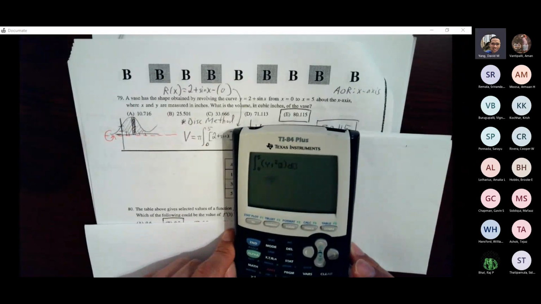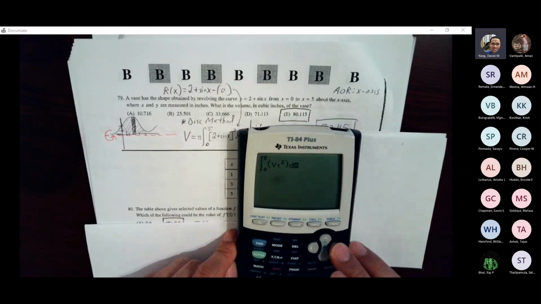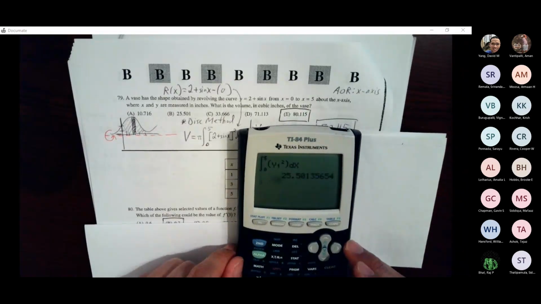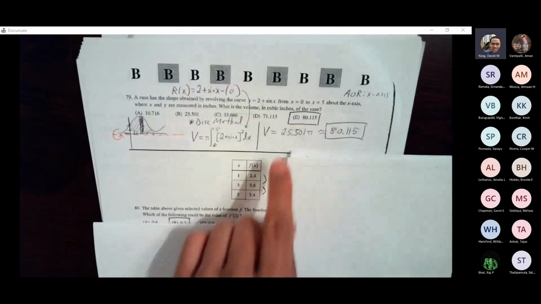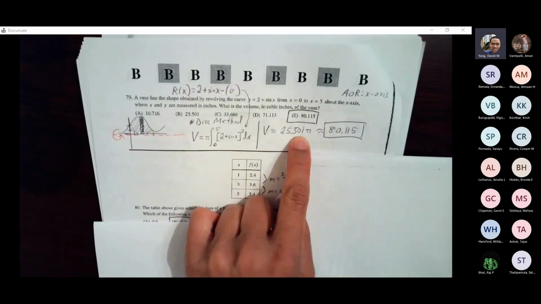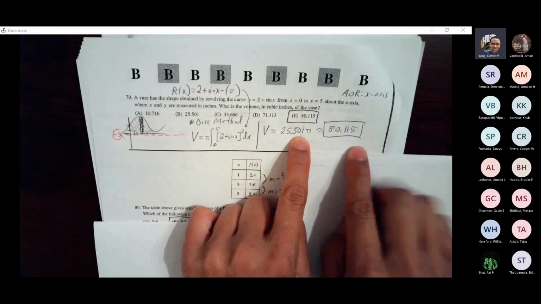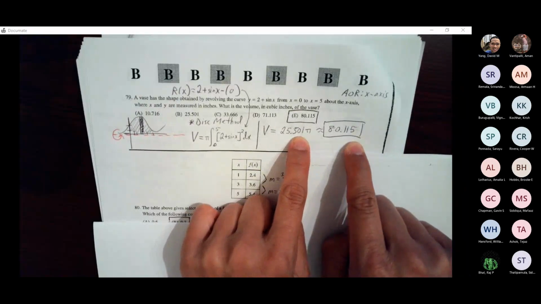Okay, I already have the 2 plus sine x stored under my y1. 25.501 pi, and if I multiply the pi through, 25.501 times pi is 80.115, answer choice E.